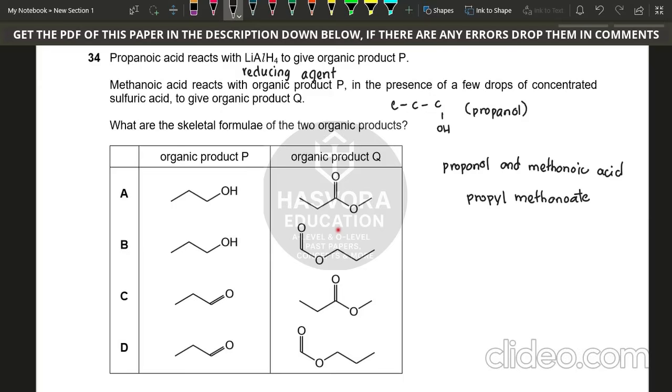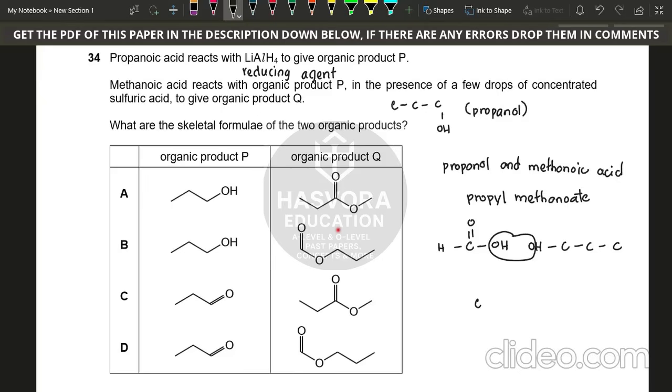First of all, we have methanoic acid. It is C double bond O, only one carbon, and OH, and we will have an H here. Then we have propanol, so it is OH bonded to C, then we have C and C. What will happen is that the OH and one of the H will be condensed to form H2O.